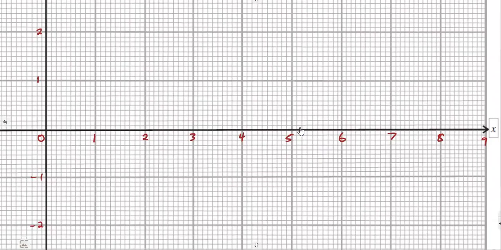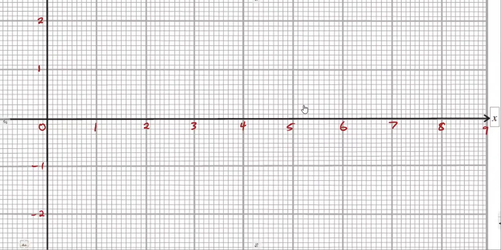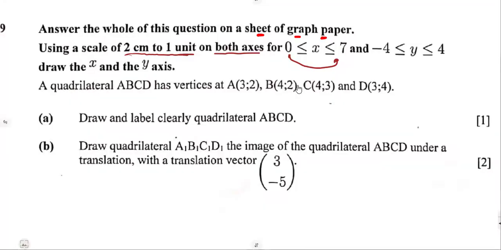This is our Cartesian plane with the information that we are given there. So the first part, out of this information, we are supposed to draw something that is clearly presented, right?